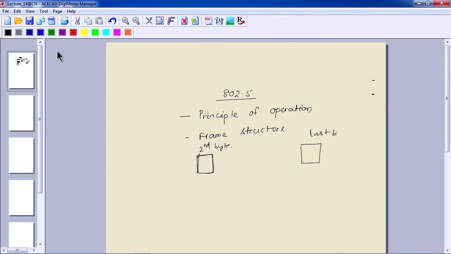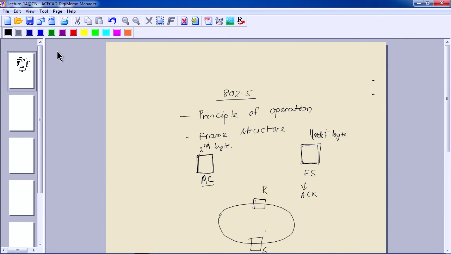The second byte is the access control field, and the last byte of the frame decides the frame status. This field also works as a kind of acknowledgement for the sender. Let us say you have the ring, the sender is sending the frame and here is the receiver.